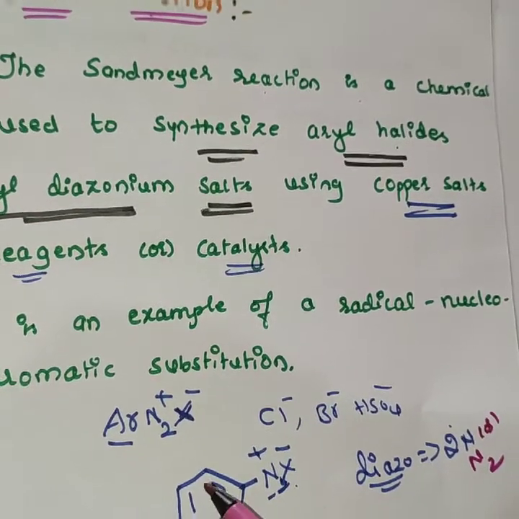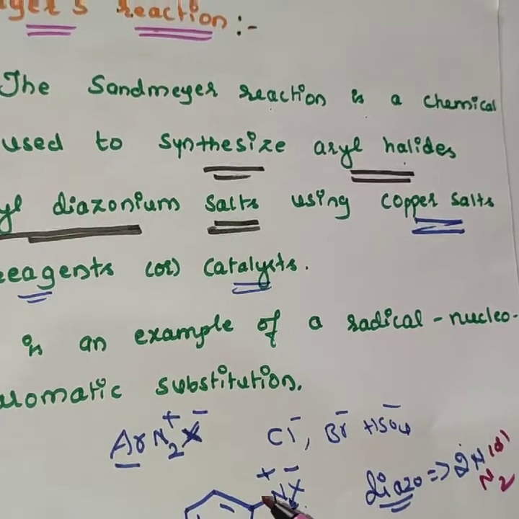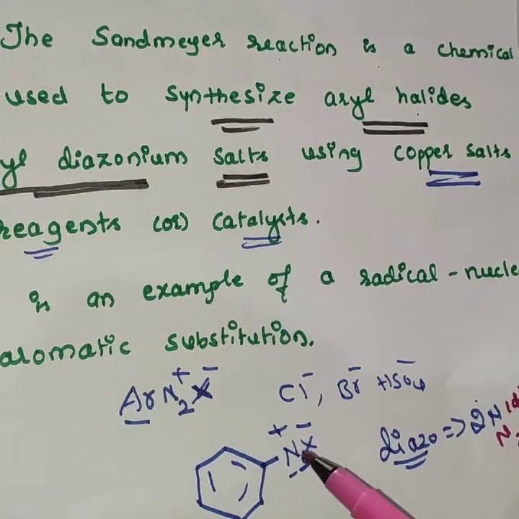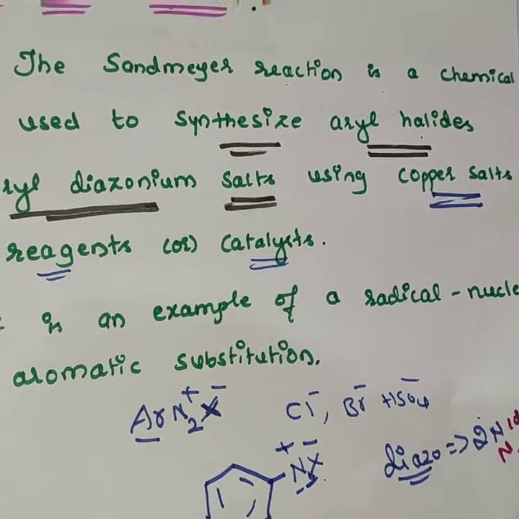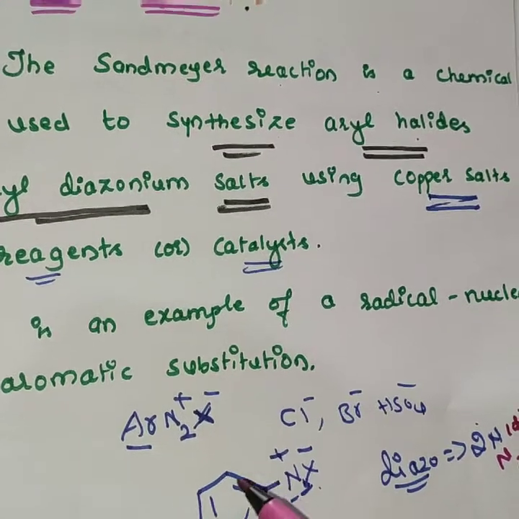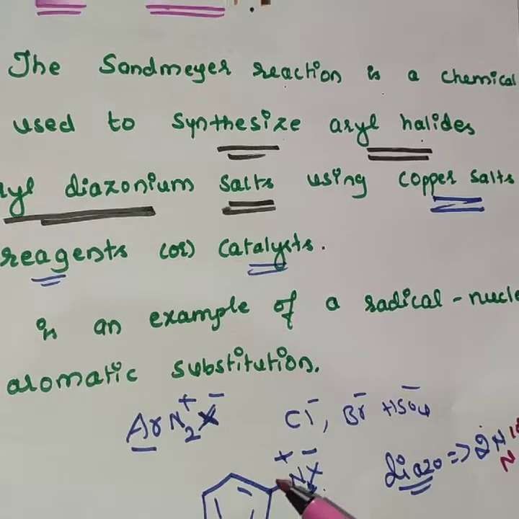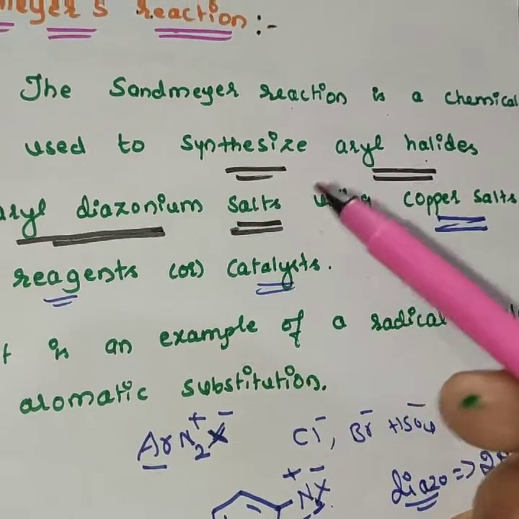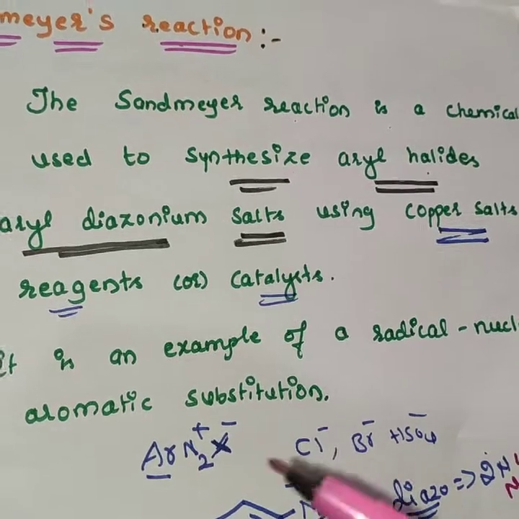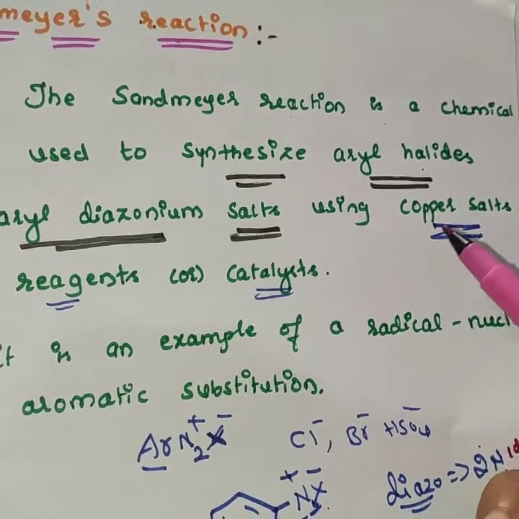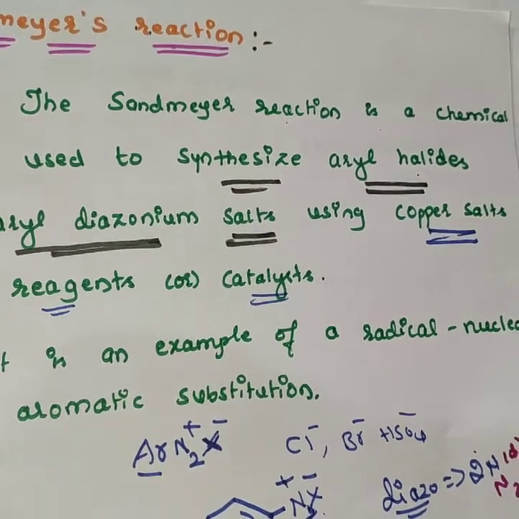Commonly used aryl diazonium salt is benzene diazonium salt, and it reacts in the presence of a catalyst, which is copper salts.